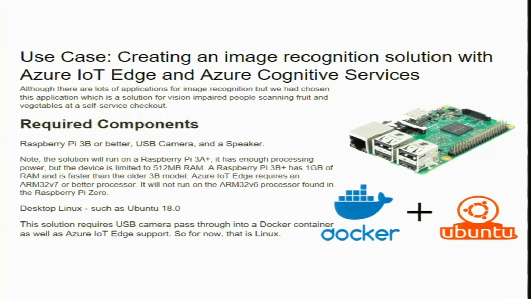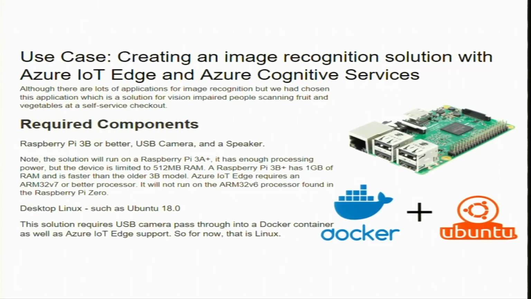And also there is scanning at the airport for different baggage, and self-service checkout. There are many more applications. So, let us see how all of this can be done with the help of IoT Edge.